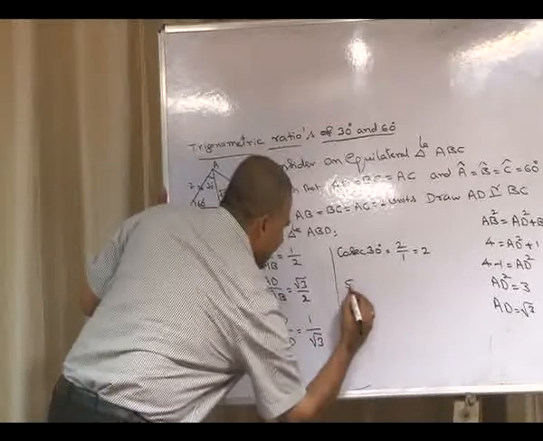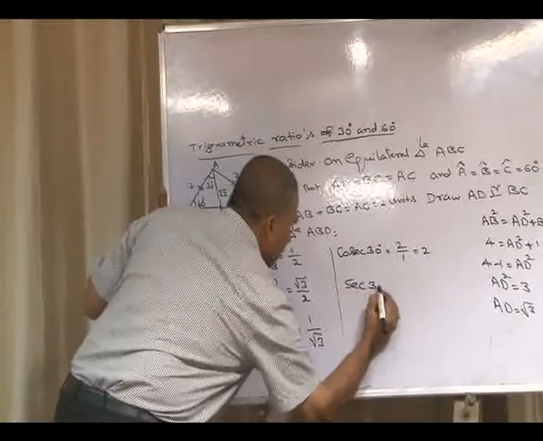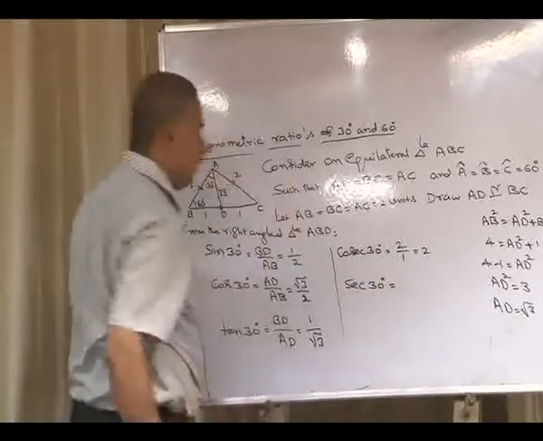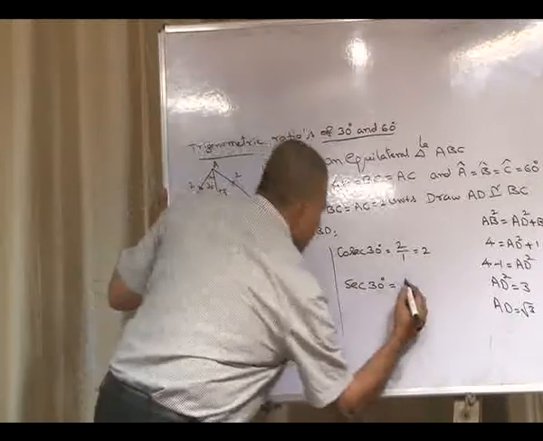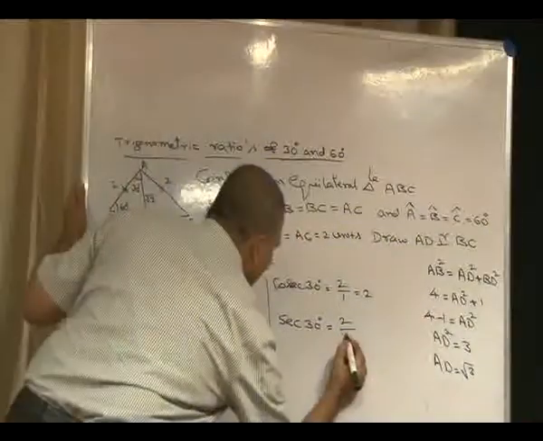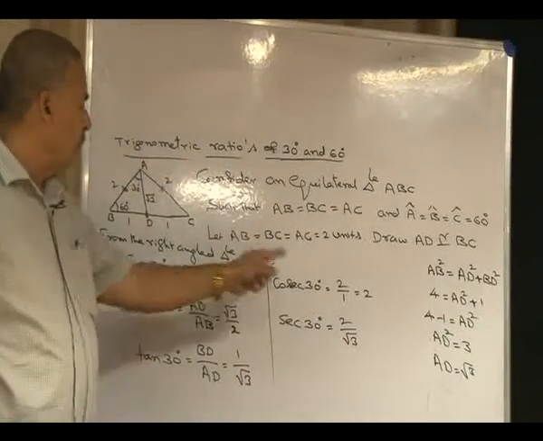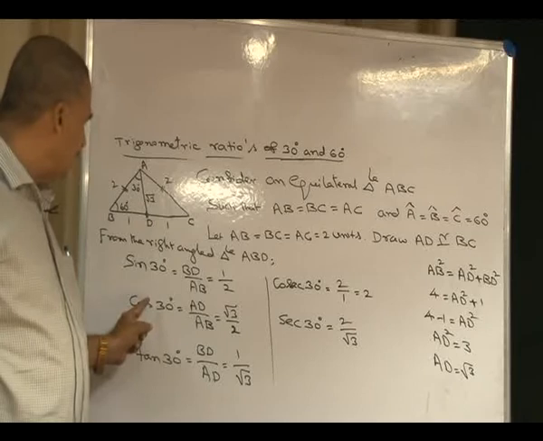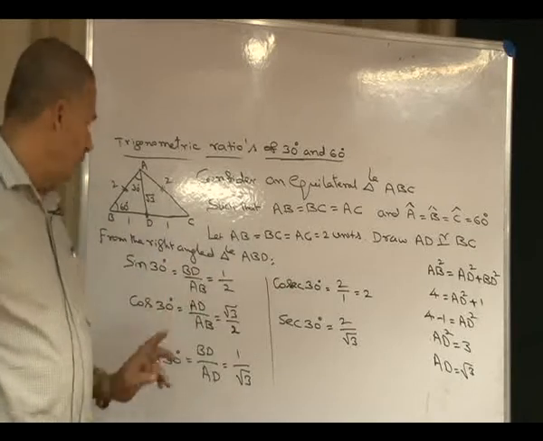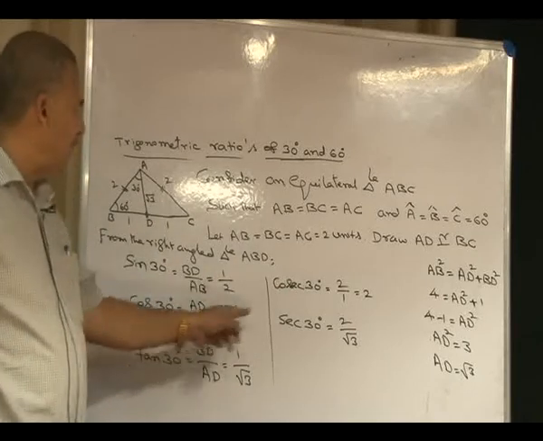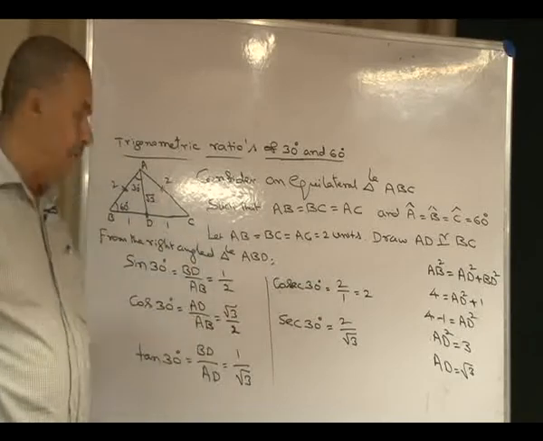Secant 30 degrees is hypotenuse over adjacent side: hypotenuse is 2, adjacent side is root 3. The reciprocal of sin is cosecant, the reciprocal of cos is secant. So when cos 30 is root 3 by 2, secant 30 is 2 by root 3.